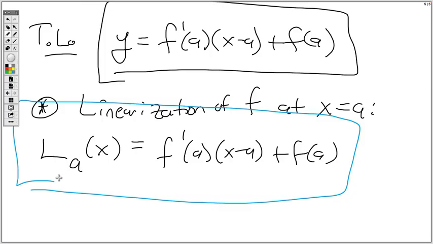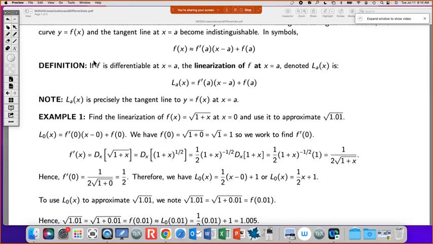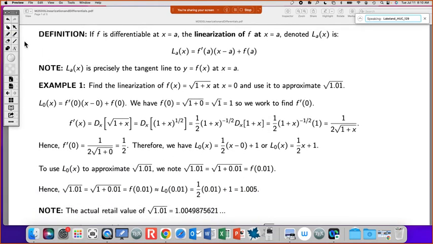I think back in the day, I actually called it L of x when we were doing it anyway, L for line. So let's do an example. So here's the definition there for you.